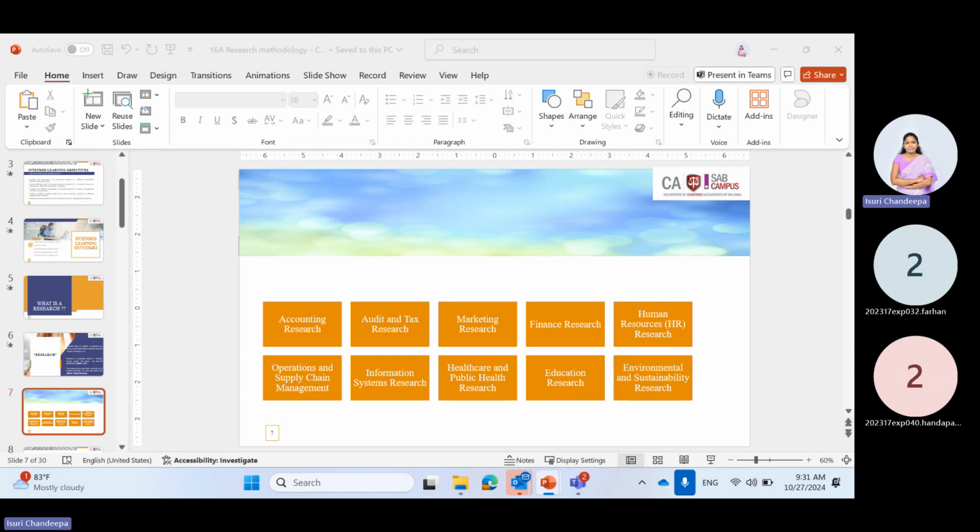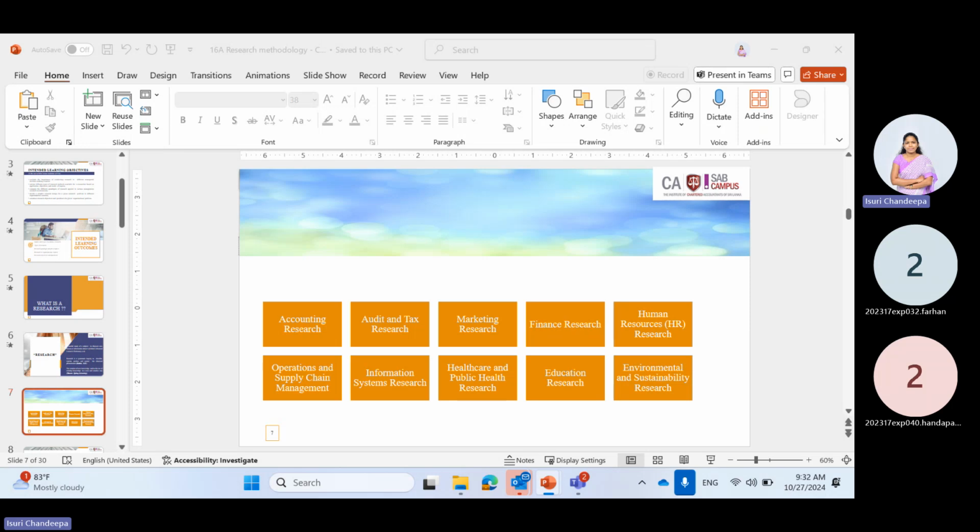Next one, information system or MIS. You had the subject, MIS, first year, first semester. Yes. What are the areas? Benefits of cloud computing, identifying challenges, benefits, threats to cloud accounting, or how the implementation of cloud accounting is impacting organizational performance.